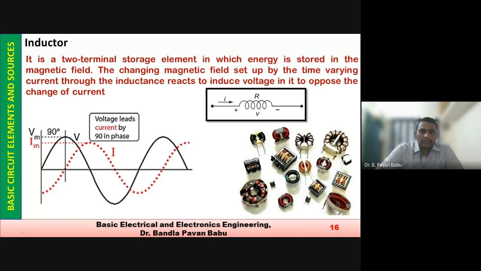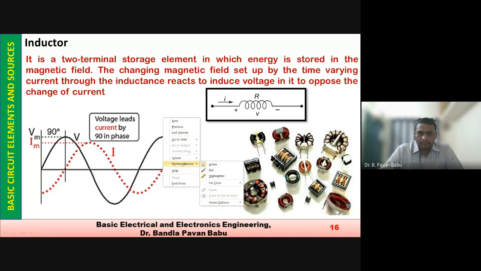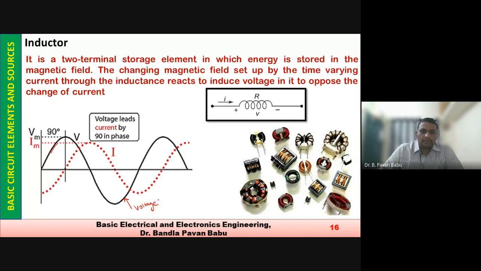Let me show you the graph. For this inductor, when we supply voltage, this indicates the voltage. When the voltage is supplied, what happens to the current? After 90 degrees of time period, the current starts flowing through this inductor.